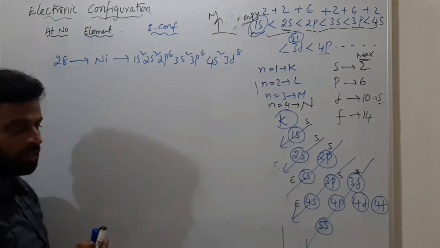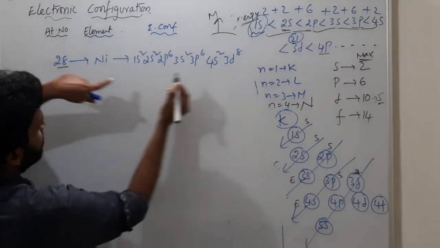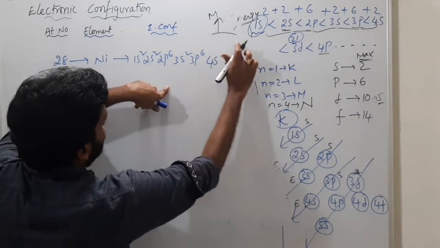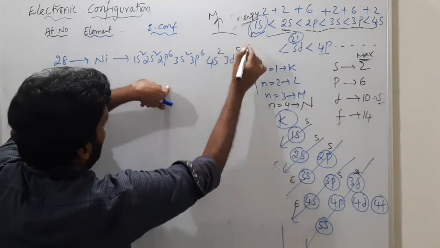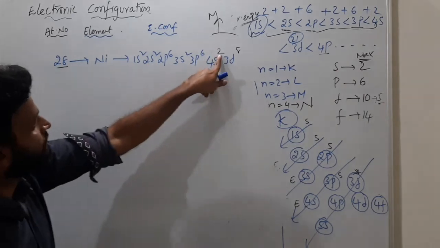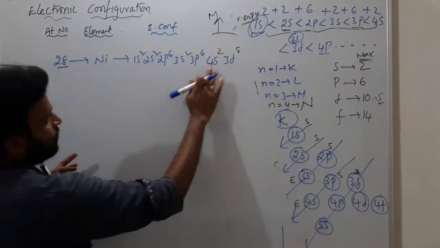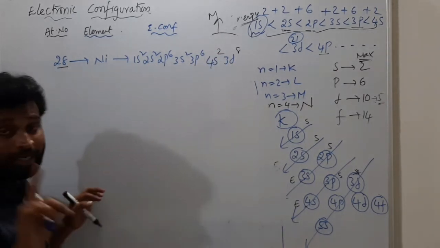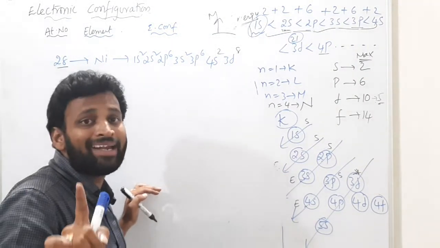I will give you one trick: for 28, you have 4s2, 3d8. Remaining all follow the pattern, but the exceptions are chromium and copper.